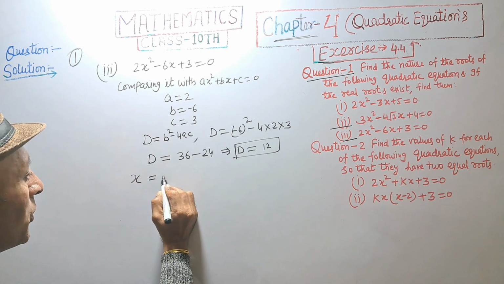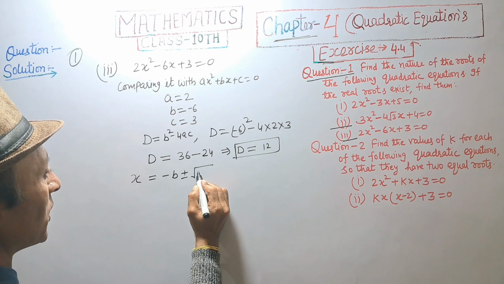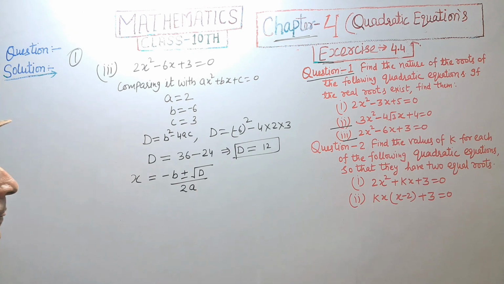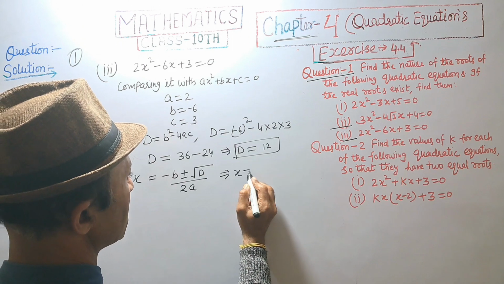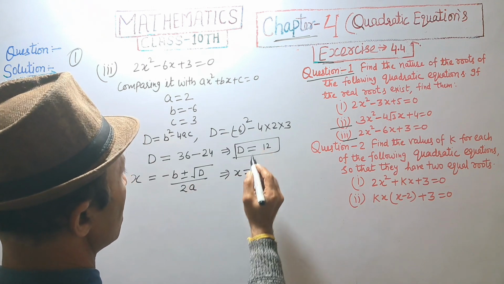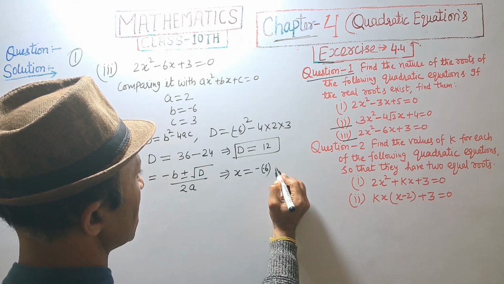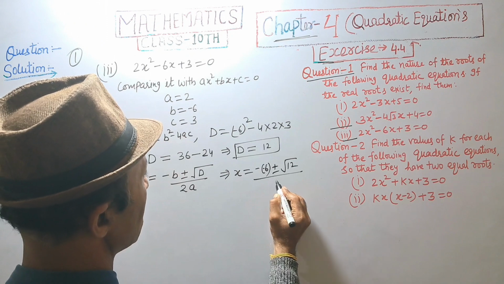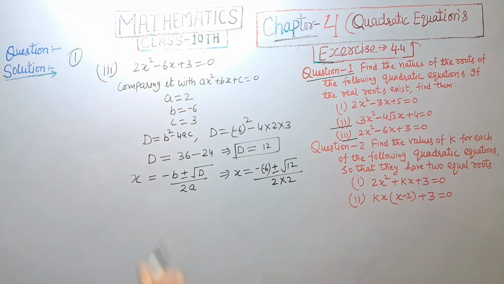x is equal to minus b plus minus under root D upon 2a. x is equal to minus b is minus 6 plus minus root 12 divided by 2 into a, here 2.